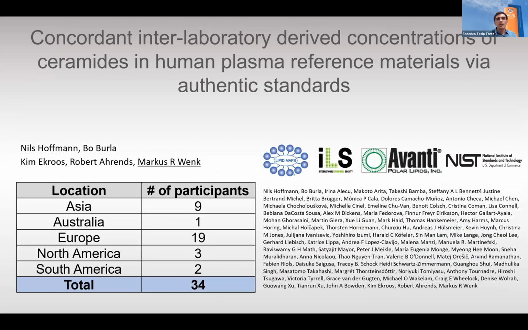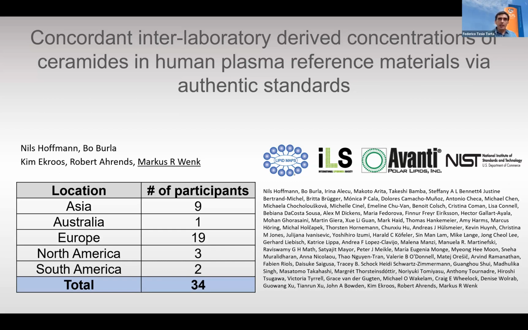Okay, so a few years ago, some of us met here in Singapore and others connected online, and we really came together as a community of lipidomics researchers to discuss how we could improve our quantitative analysis and make them more reproducible between different labs.